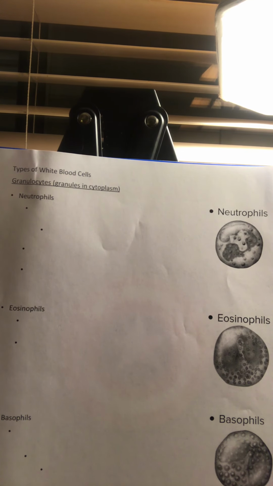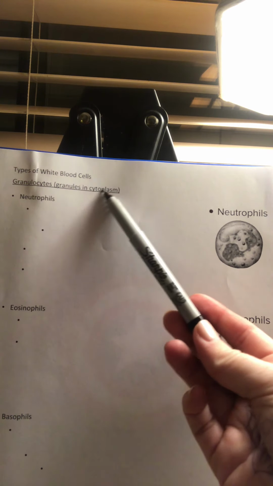All right, so let's start with neutrophils. Neutrophils are a type of white blood cell called granulocytes, which means that they have little granules in the cytoplasm.